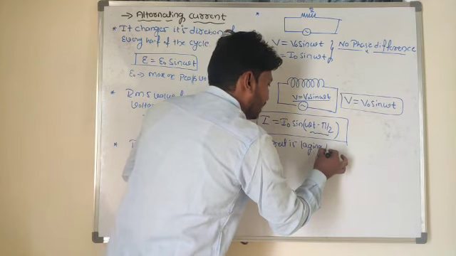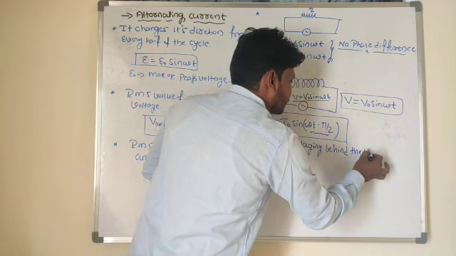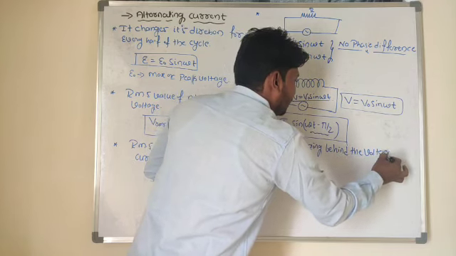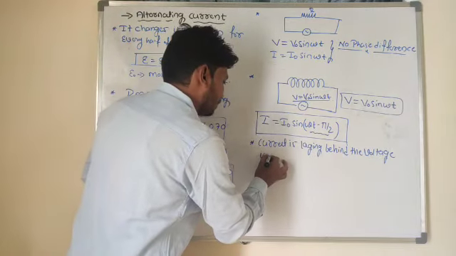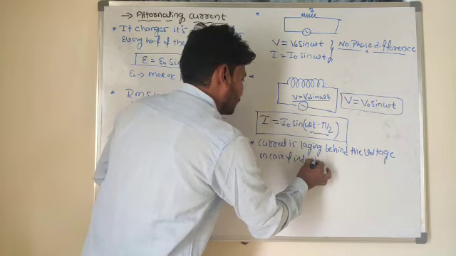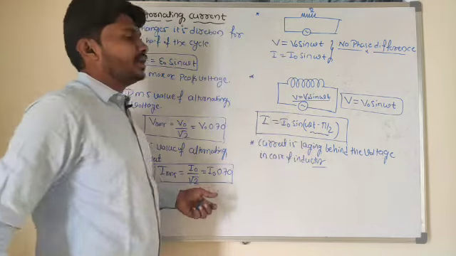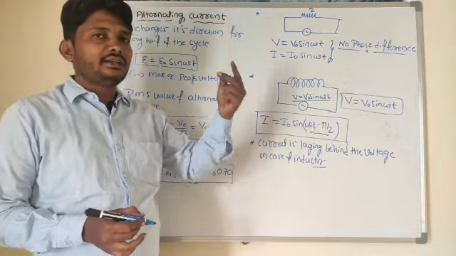So current is lagging behind the voltage in case of an inductor.